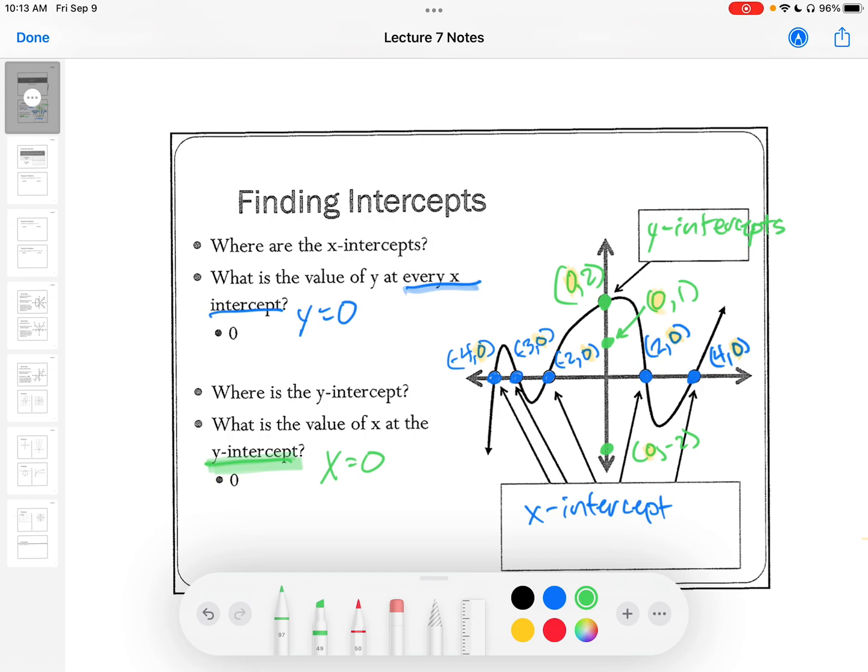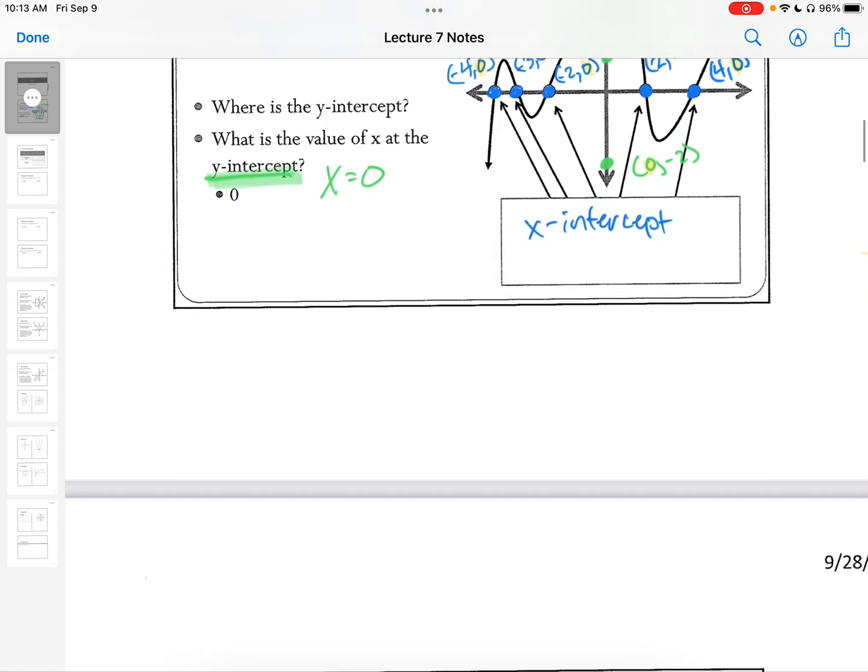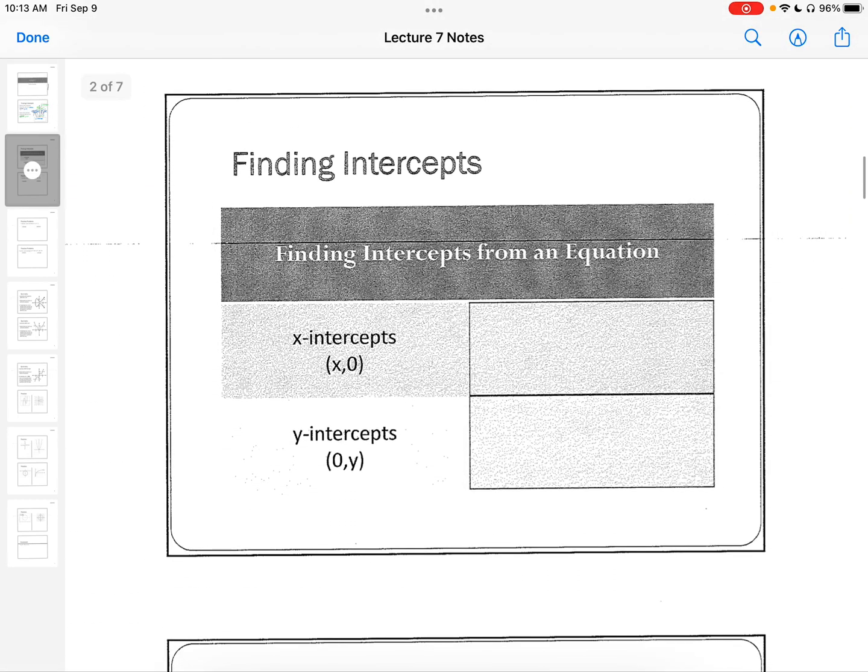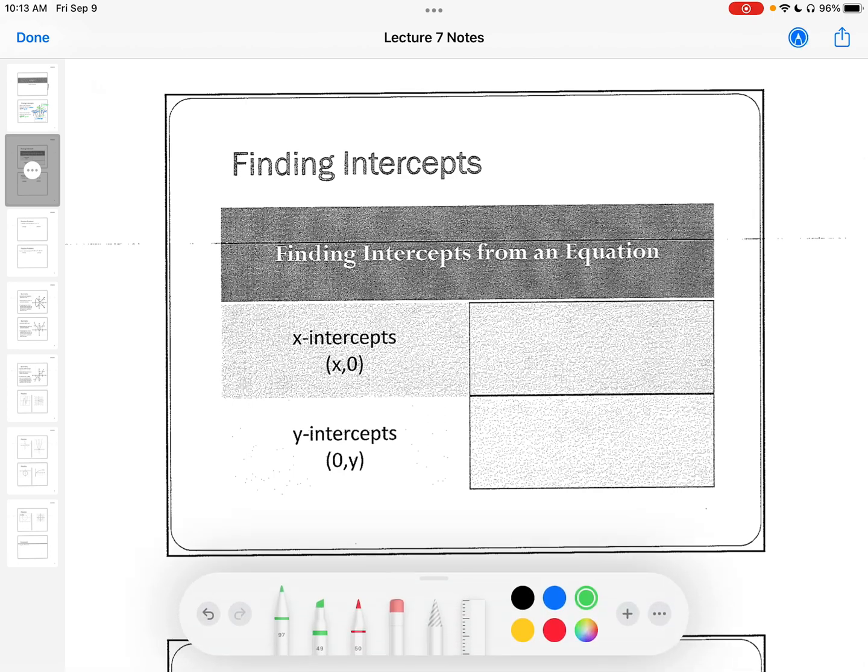So, in summary, if we scroll on down to the next part, finding intercepts from an equation. With your x-intercept, the y value on every single one of those points is 0. So if I want to find an x-intercept, I need to set my y equal to 0. And then I just solve.